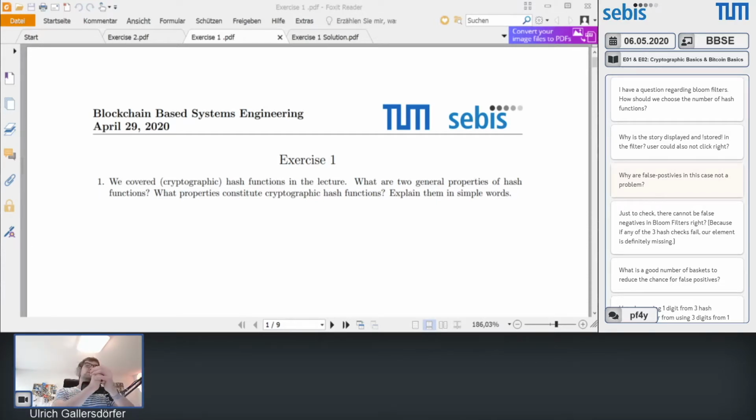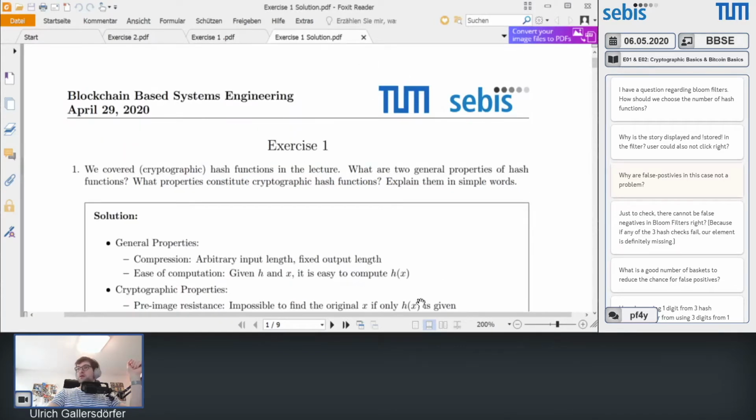It's impossible to find a second x if x and the hash of x are given. So these two hashes need to be equal in terms of output, but the input needs to be different. So you can take a look here.